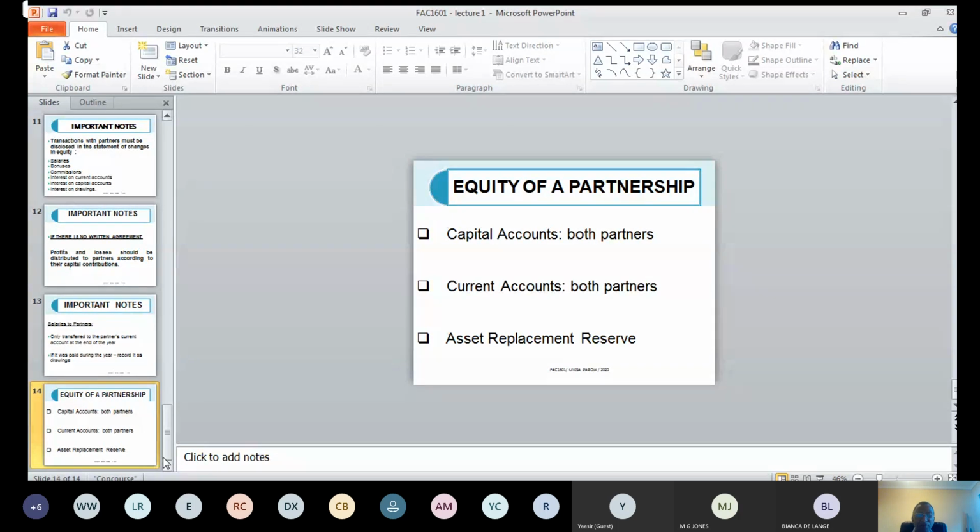Now let me explain to you what an asset replacement reserve is. An asset replacement reserve is created when the partnership decides that from each year's profit, they are going to put a portion away, almost like a savings account.